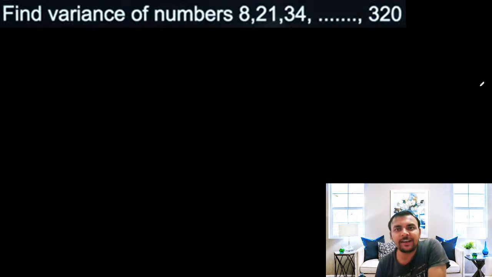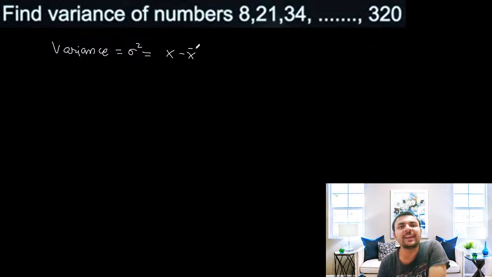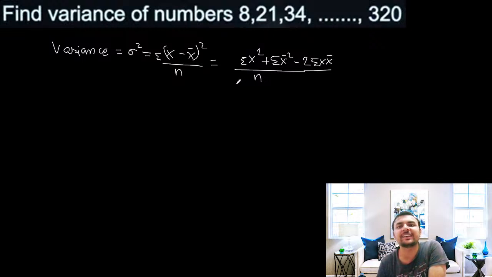Find the variance of this. Okay. So variance, which is known as sigma square, is nothing but summation of x minus x bar whole square by n. If you try to solve it, it is summation x square plus summation x bar whole square minus 2 summation x x bar.